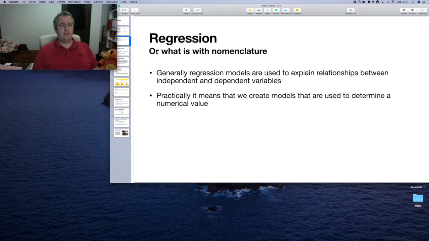Really, regression models are used to explain the relationships between independent or observable variables and dependent variables, something that we are interested in. We want to get that relationship in the form of a model that will allow us to create predictions. In machine learning, and here we'll be consistent with it, regression models are models that give you a value, a real number that you get from the data. So if you are interested in a real number, you are creating a regression model.